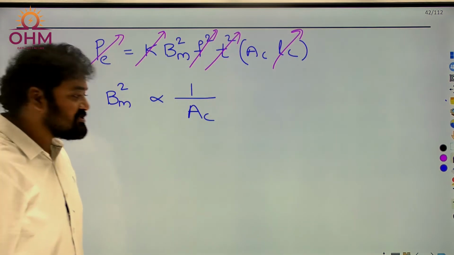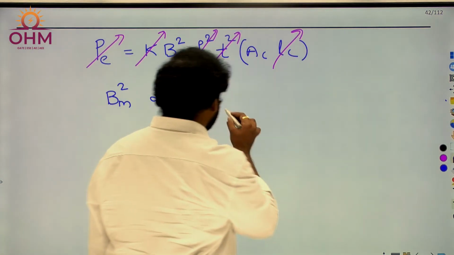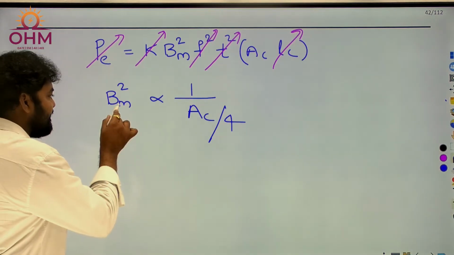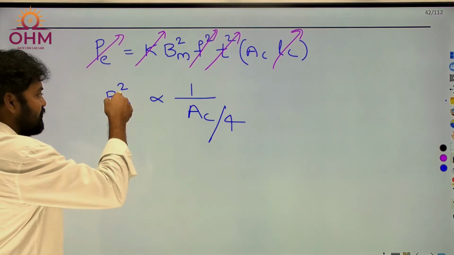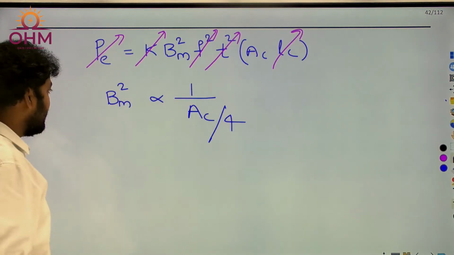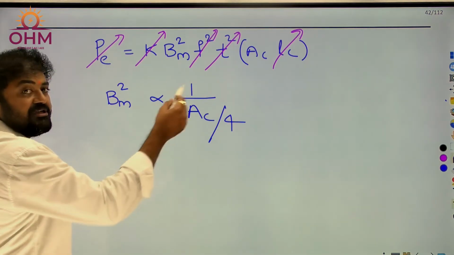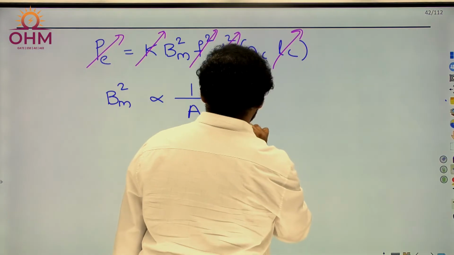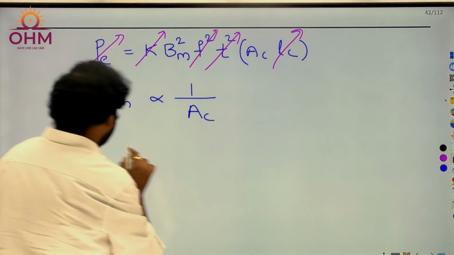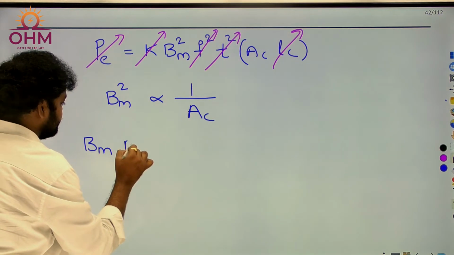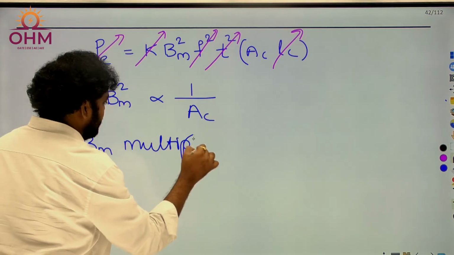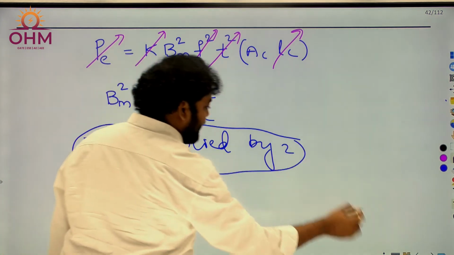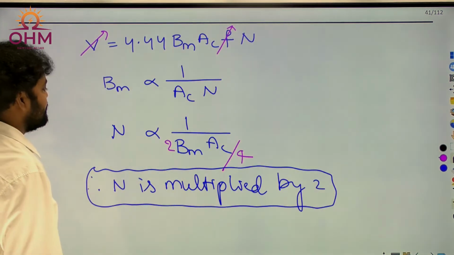And what is our observation? Area is divided by 4 times. Area will be divided by 4 only when Bm square is multiplied by 4. Bm square multiplied by 4 means Bm multiplied by 2. Okay, so therefore I can write Bm multiplied by 2. Is it the same conclusion we had even from hysteresis loss also?